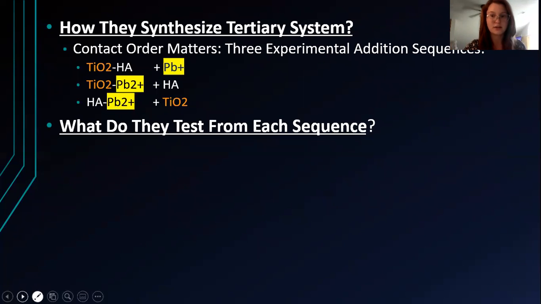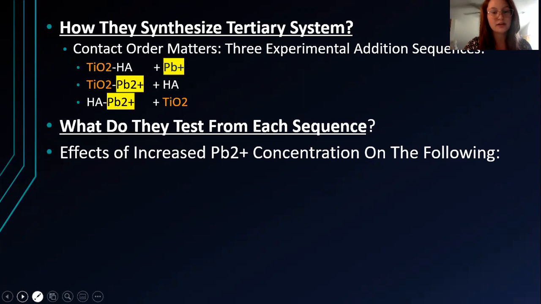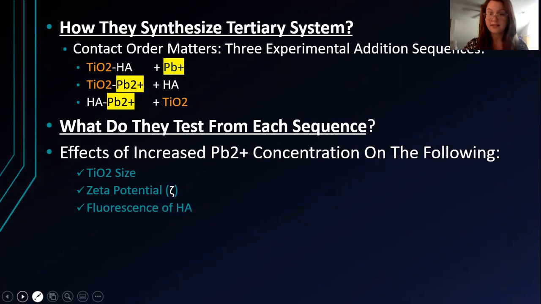What they test from each sequence is the increased concentration of lead and its effects on the tin oxide nanoparticle size, whether it's getting larger or smaller. They look at zeta potential, which is a parameter that measures the stability of the dispersion. They look at the fluorescence of humic acid. This fluorescence is supposed to mimic the mechanisms occurring in the aggregation.